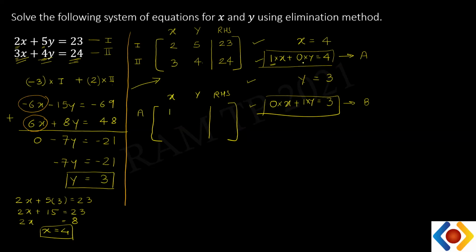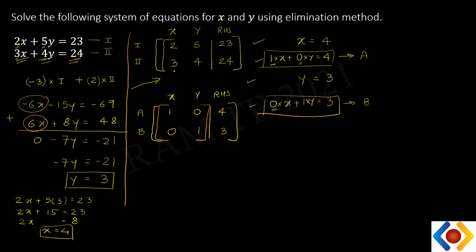Coefficient of y? 0. Right hand side? 4. Equation B: coefficient of x? 0. Coefficient of y? 1. Right hand side? 3. So do you guys see an identity matrix here? Yes.